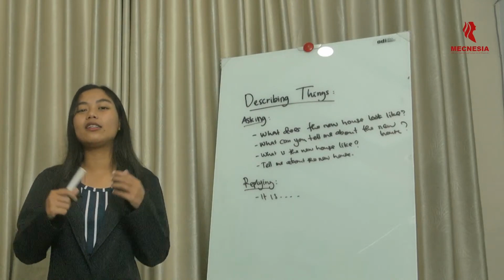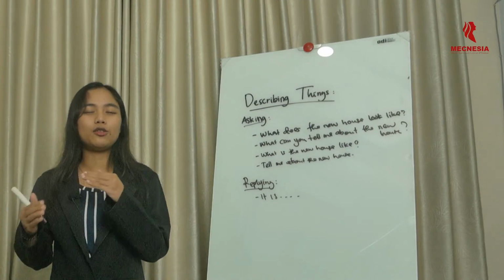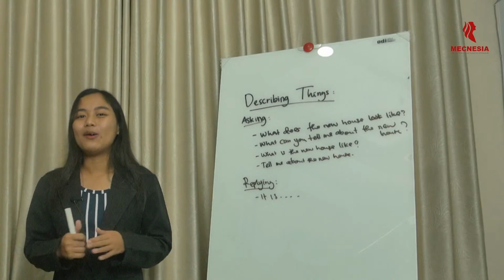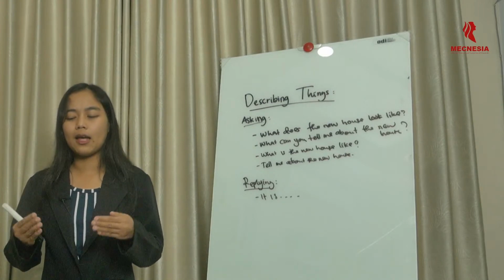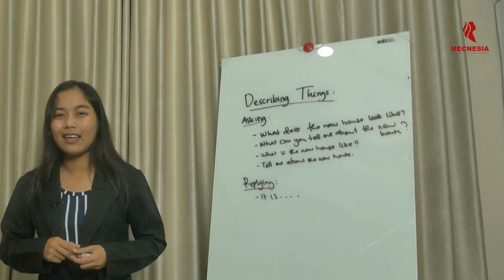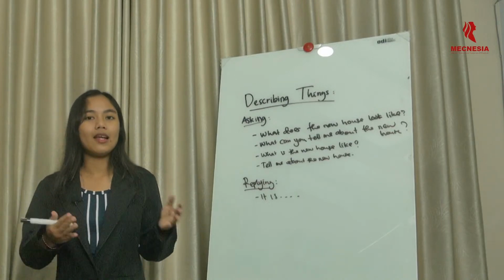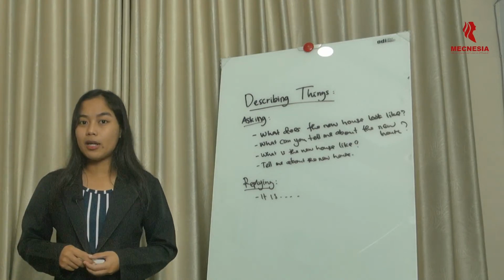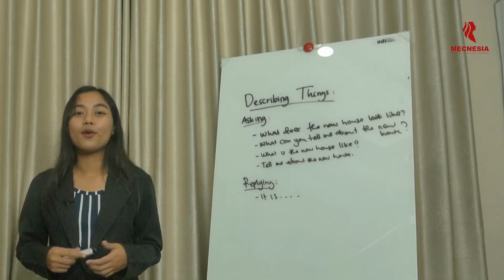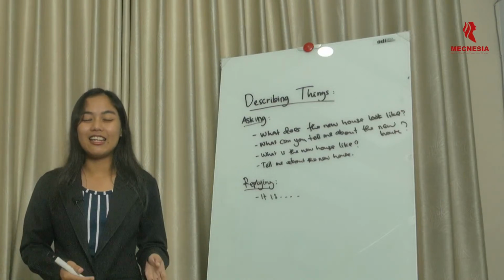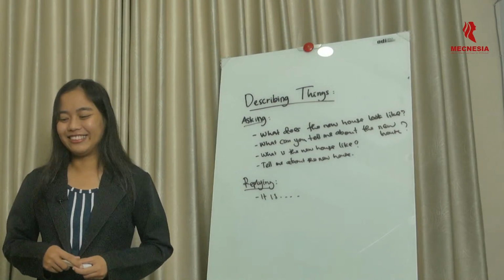Next you can also tell the dimension. Dimension itu seperti tingginya, kedalamannya, dan juga lebarnya. Well, kalian bisa sebutkan jumlah atau ukuran spesifiknya, kemudian diikuti kata tall atau high dengan bilang 10 cm tall, or 10 cm high.